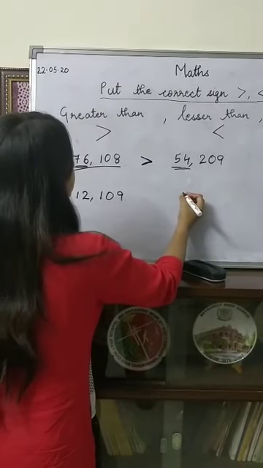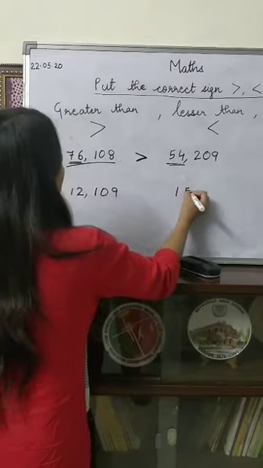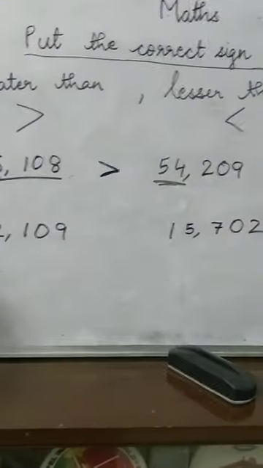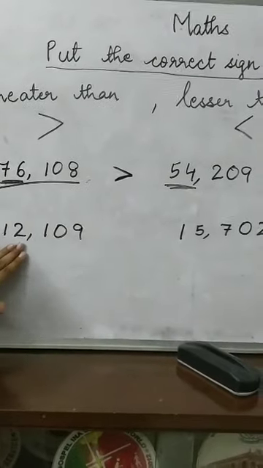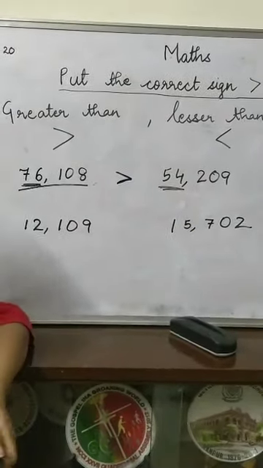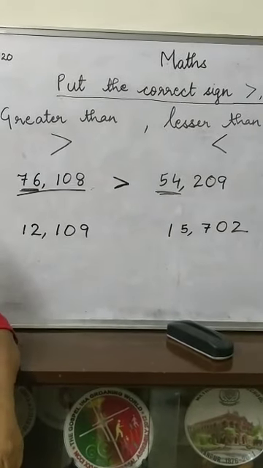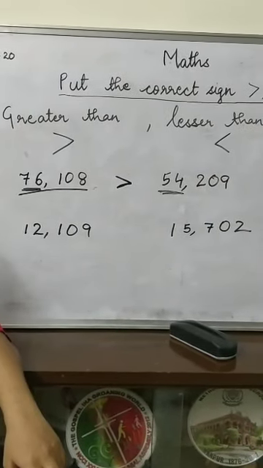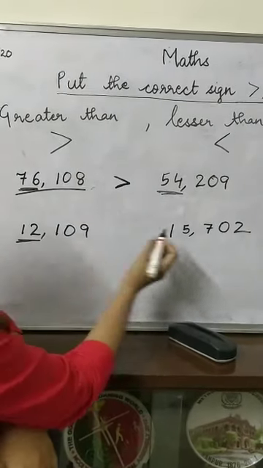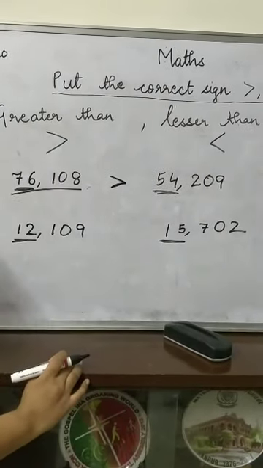If I give you another example, 12,109 and 15,702. These are again 5-digit numbers having thousands and ten-thousands digits. So you have to compare 12 and 15. Which one is greater, 12 or 15?